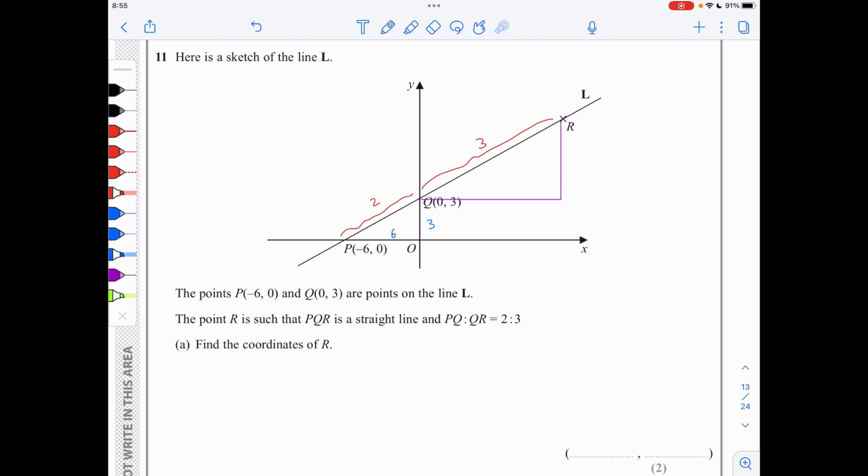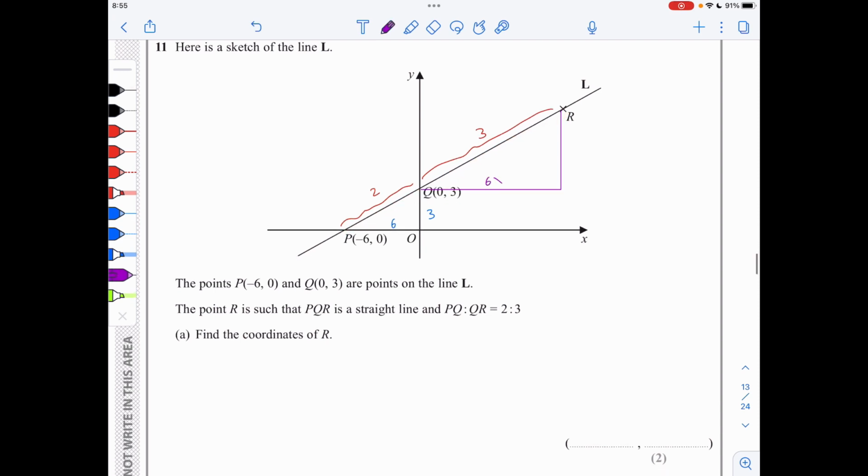So the horizontal movement here will be 6 times 1.5 because QR is 1.5 times PQ. So this will be 6 times 3 over 2, which is 9. And similarly, the vertical rise will be 3 times 3 over 2. So think of 3 over 2 as your scale factor.